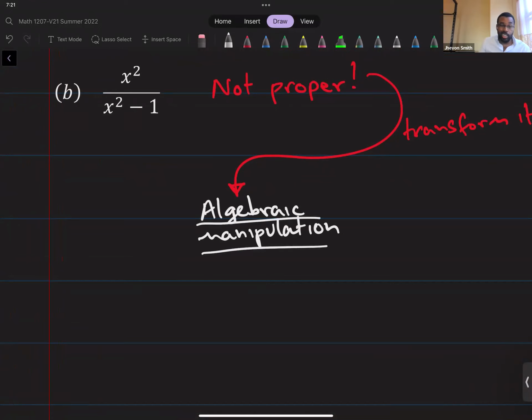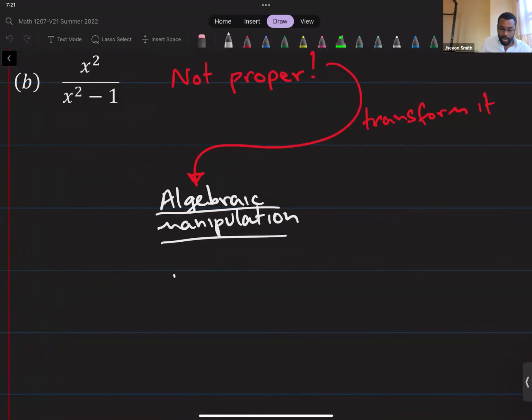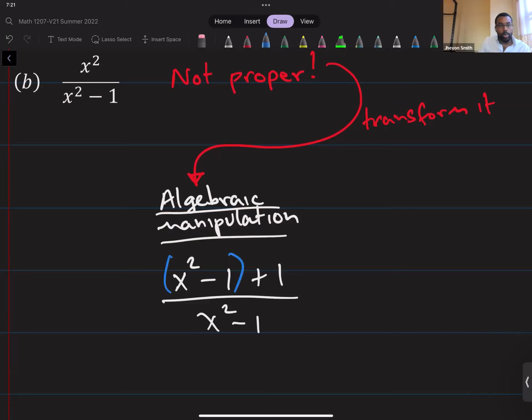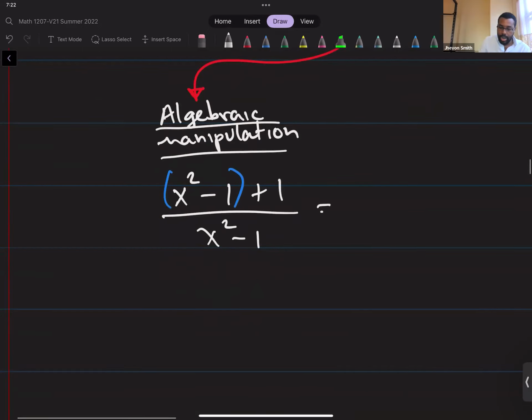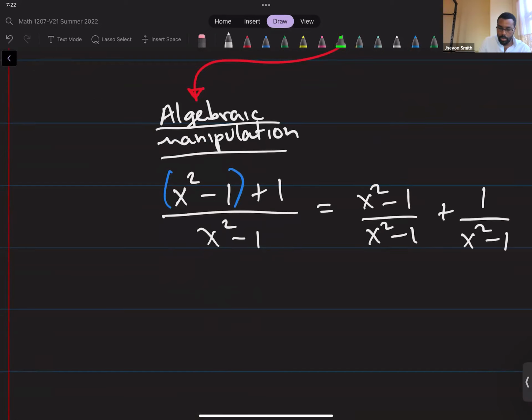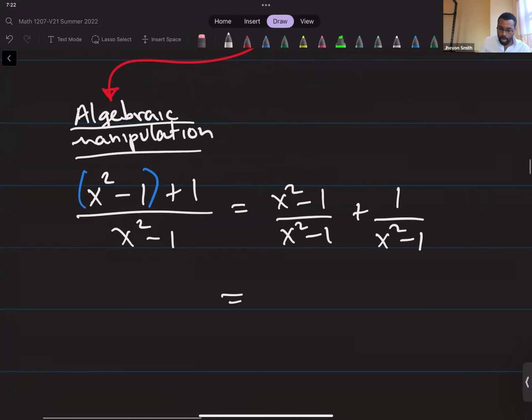Remember, the trick here is just to get the denominator into the numerator. So if I have x squared minus 1 plus 1, that allows me to get this x squared minus 1, which is in the denominator, into the numerator. And then I just split that fraction across both of these guys. So this actually splits into that. Right?